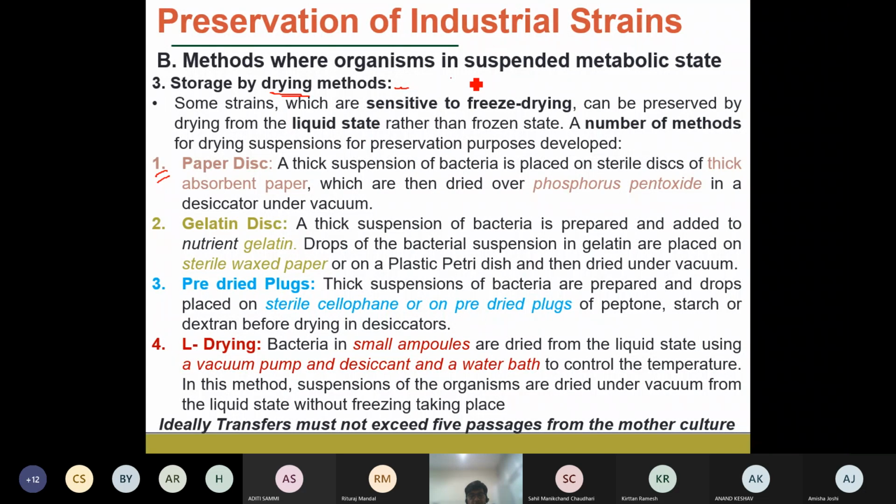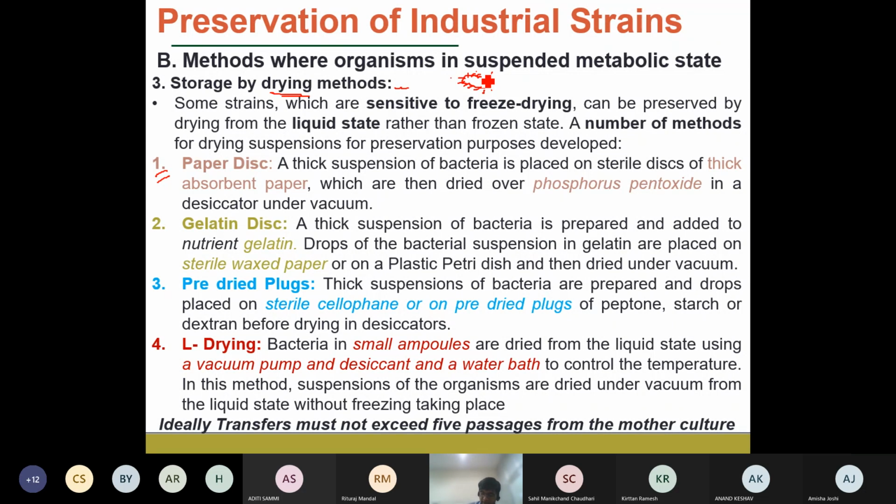But as we have already discussed, microorganisms are very diverse. Some microorganisms have very fragile cell membranes, and they cannot withstand any rapid decrease or increase of temperature. Otherwise these cells get ruptured, and the viability of the cells is lost.